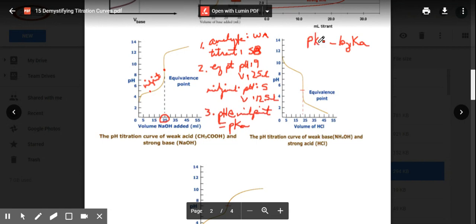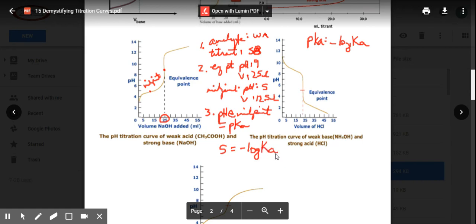So what I'm going to have to do here is plug in the pH at midpoint, and then I can solve for the Ka. My pH at midpoint, I said, was 5. So 5 is equal to pKa, which is negative log of Ka.